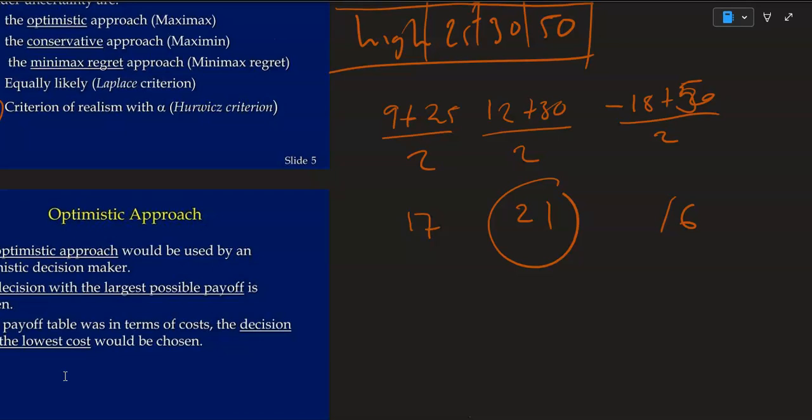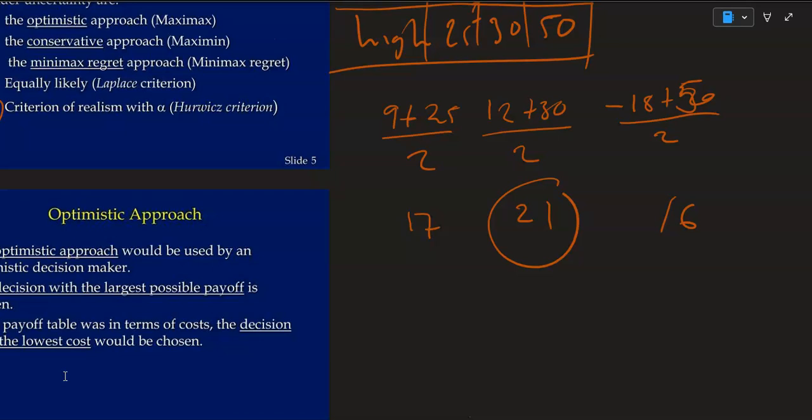Optimism suggests that you just look at the best result. You just think that you're going to get the best result. Pessimism, you look at, if I get the worst results, how can I be at a better point at the worst? That is about pessimism.